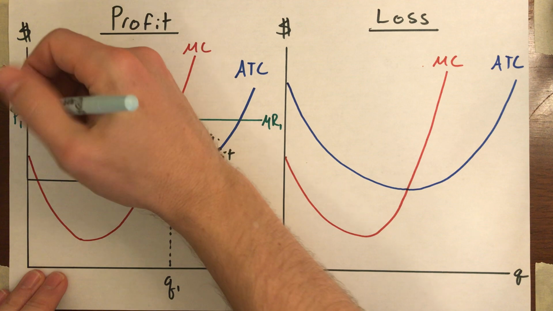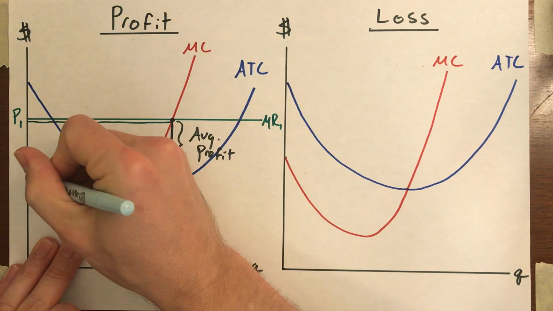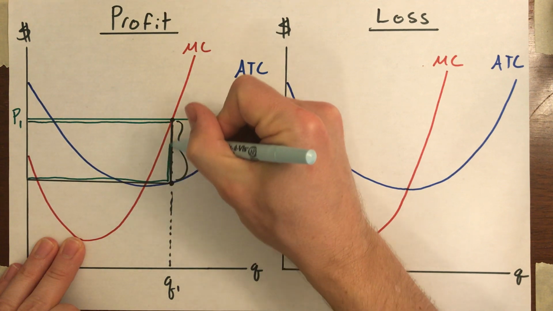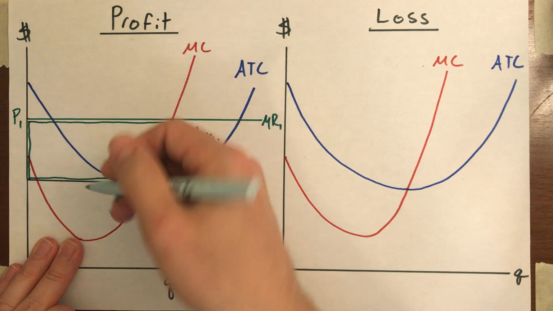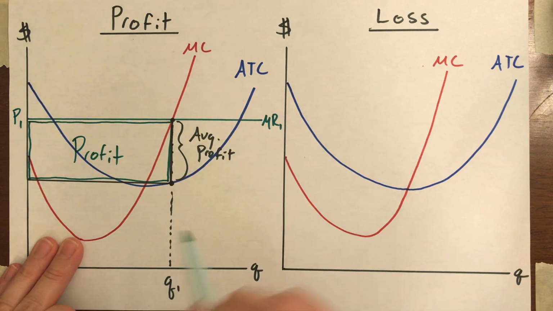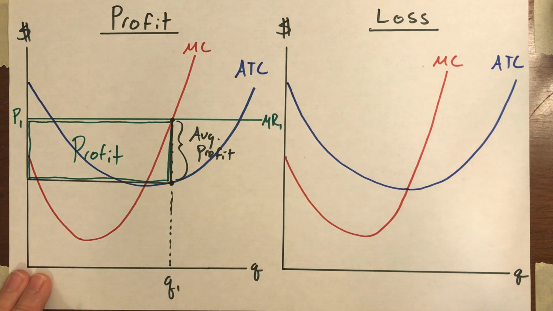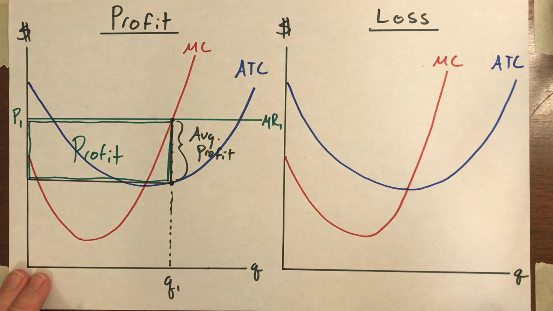The difference between the price I get to sell at and the average cost per unit, multiplied by the Q units that I'm able to sell, is going to give me my profit. And notice that these are economic profits. I'm assuming that my opportunity costs are included in the marginal cost and average total cost curves.